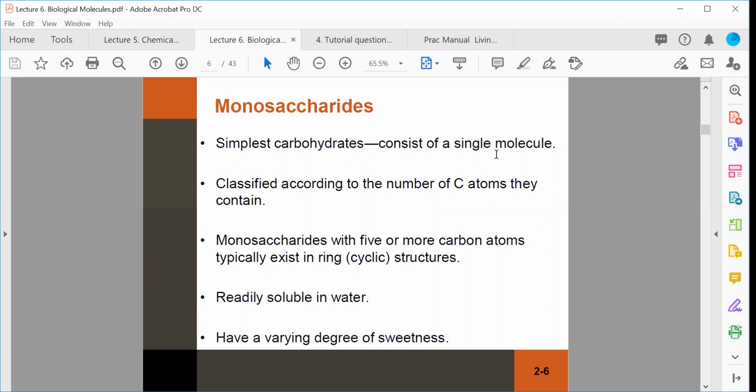They are classified according to the number of carbon atoms they contain. And those that contain 5 or more carbons tend to exist mostly in ring-like structures, cyclic structures, most of the time, not always.